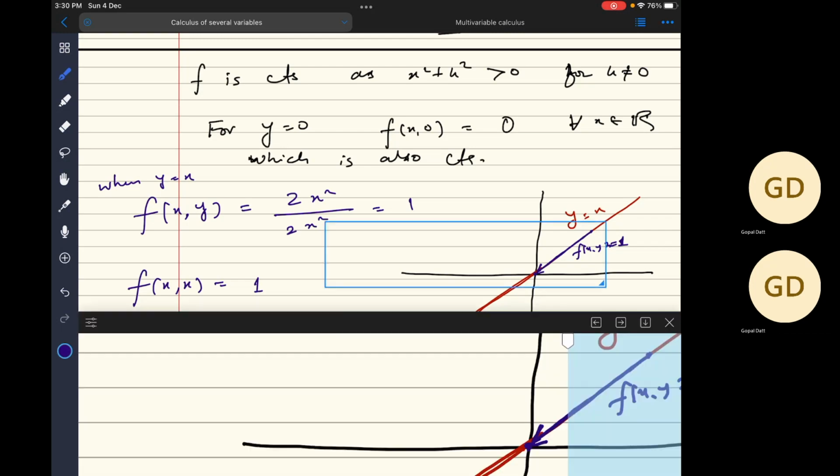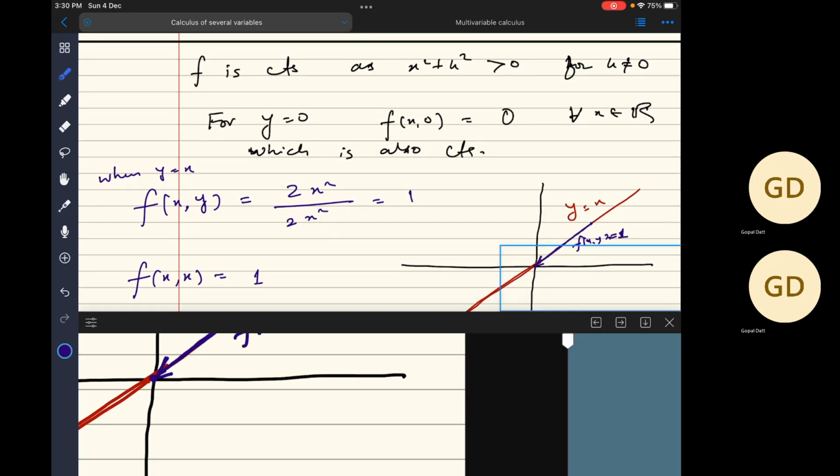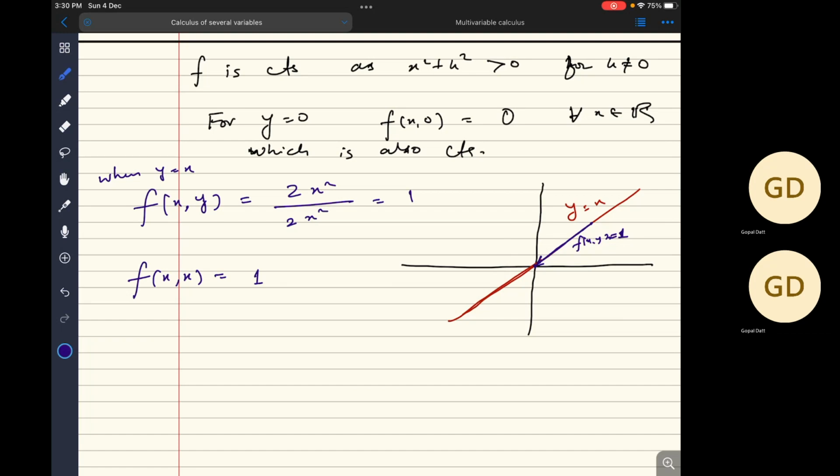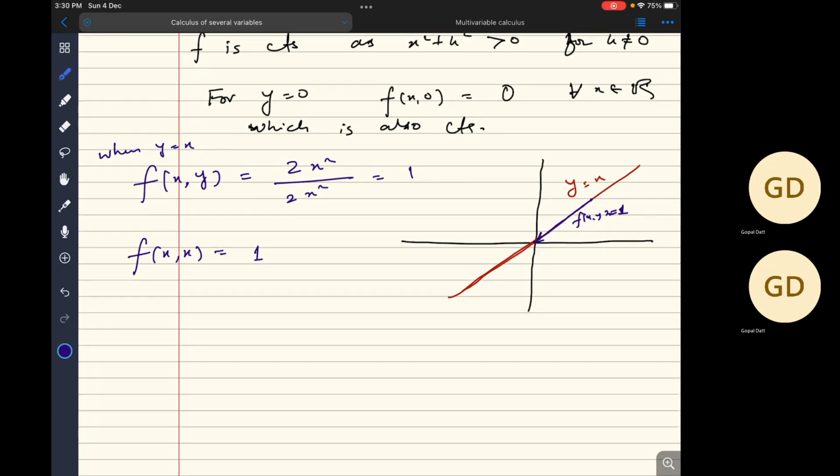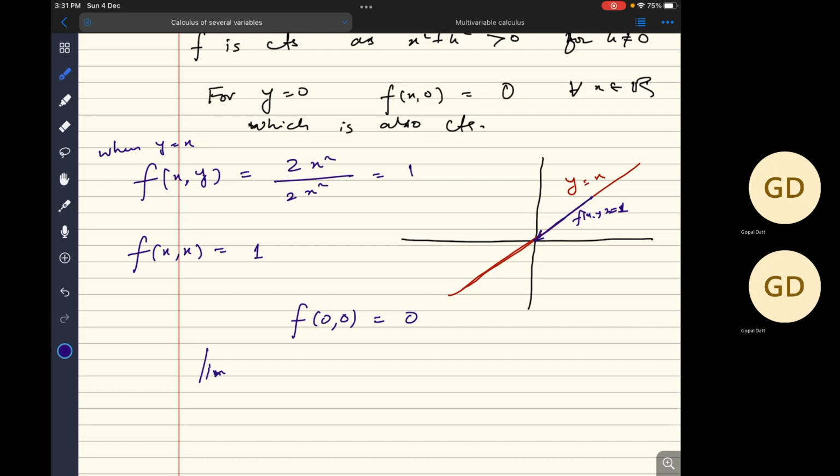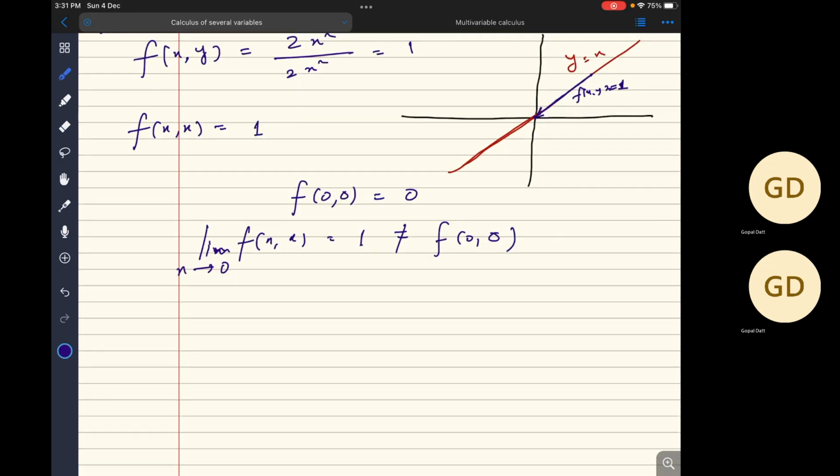So the limits, what happened? Here we have f(0, 0) is 0, but the limit as x goes to 0 of f(x, x) is 1, which is not equal to f(0, 0). This means this function is not continuous at the origin.